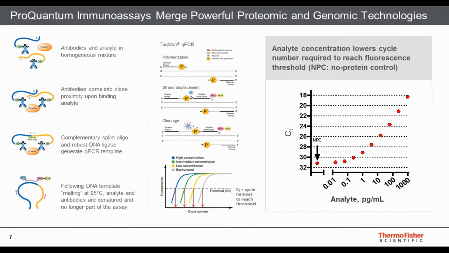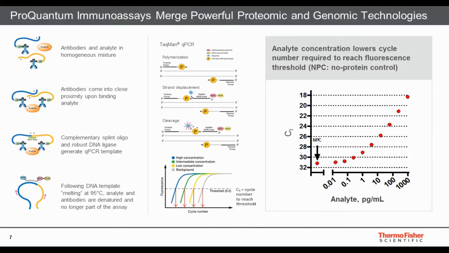When the antibodies bind to the antigen, it brings the DNA oligo ends into close proximity. With the use of the complementary splint oligo and the DNA ligase, the two strands ligate to generate a DNA template strand for amplification.